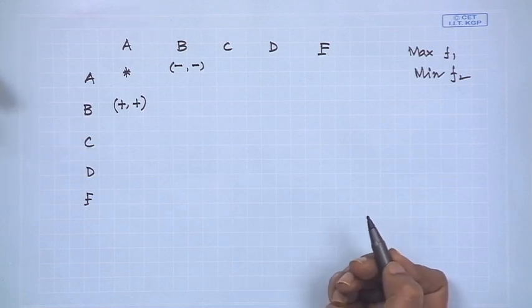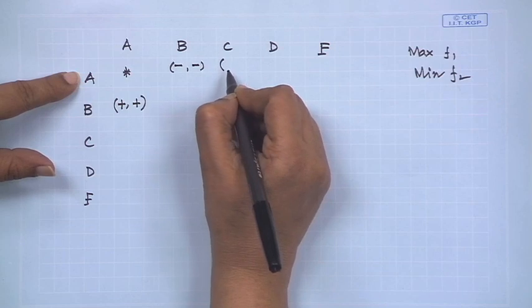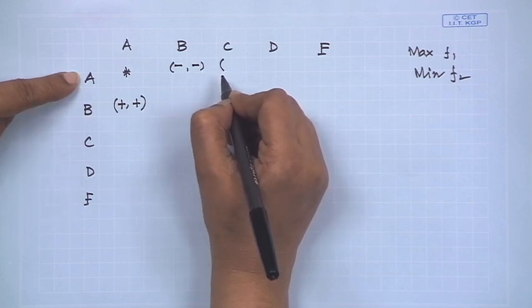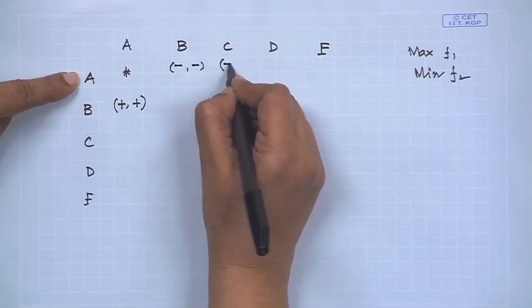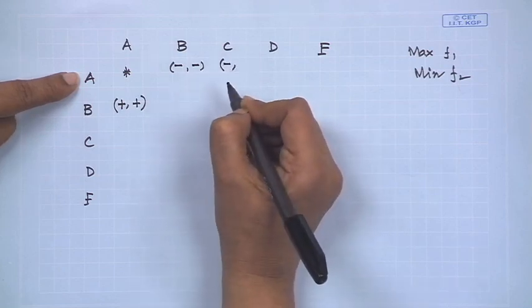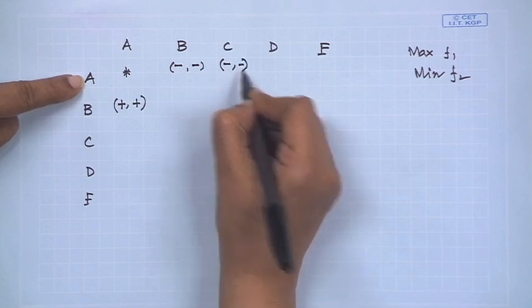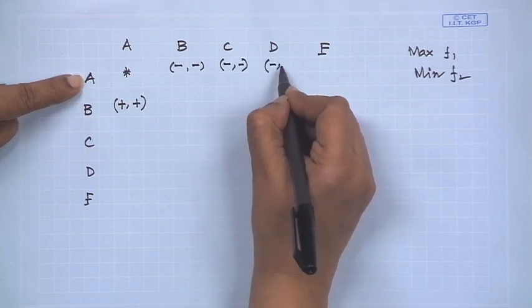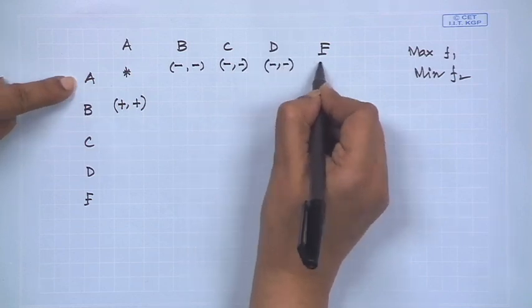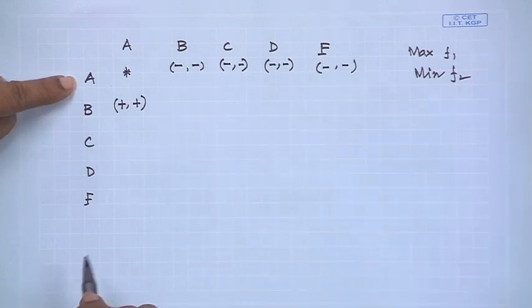In this way, if I compare A and C, just look at the data, 8 and 12 with respect to F1, so A is not preferable. With respect to F2, A is not preferable. Similarly, we can do for AD, AE, and we will get the same result.